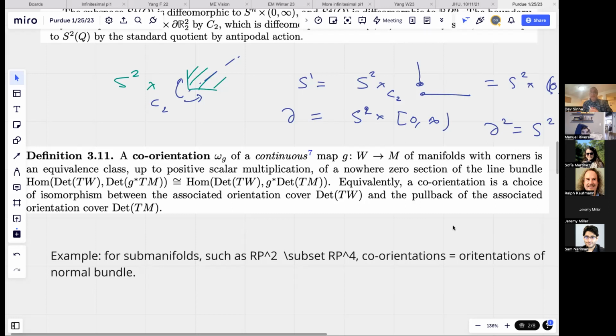There's plenty of examples where you want not just submanifolds, but more arbitrary maps into a manifold. And all you want to do is choose a homomorphism between the orientation bundle of your W and the pullback of the orientation bundle of M.